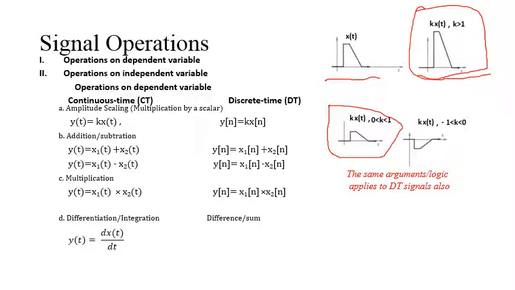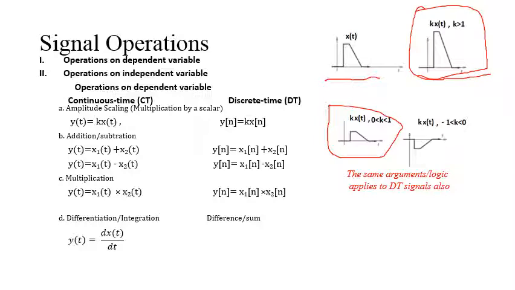So it's not a stretched version or a compressed version in terms of time. It is the replica, right? So it's exactly what you had at the input. You have exactly the same signal, but in terms of amplitude it is modified, right? So the modification is based on the value of k. If k is greater than 1, the modification will be that you are actually amplifying the signal. So you can say that your system is an amplifier, right?